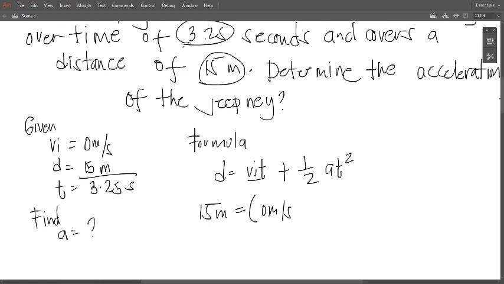We'll be changing it if we have one. For now, we don't have any number for initial velocity, that's why this is set to 0. And time, which is 3.25 seconds.